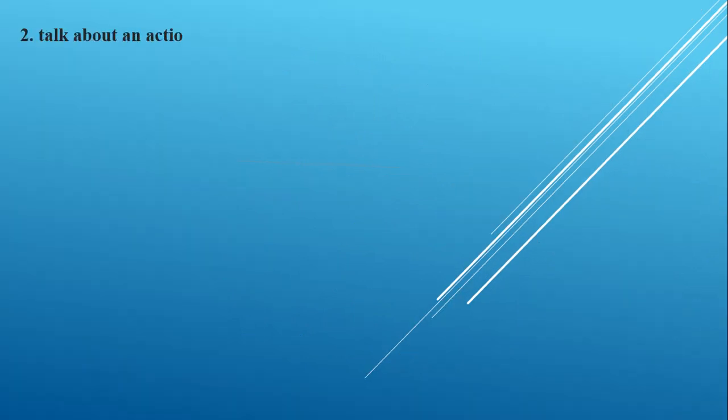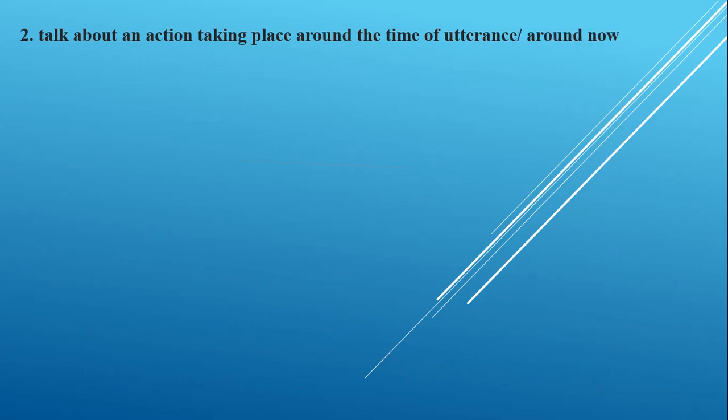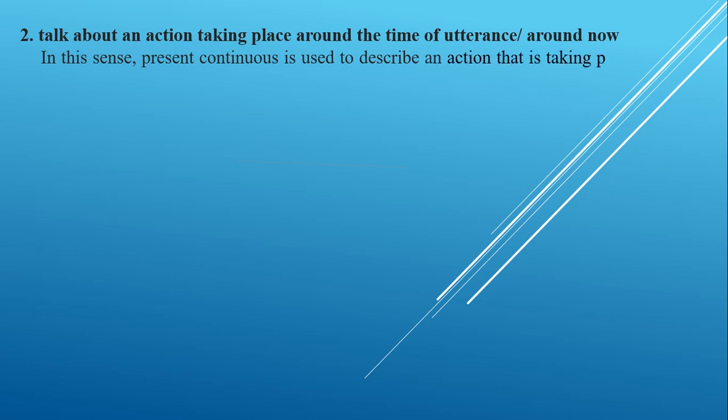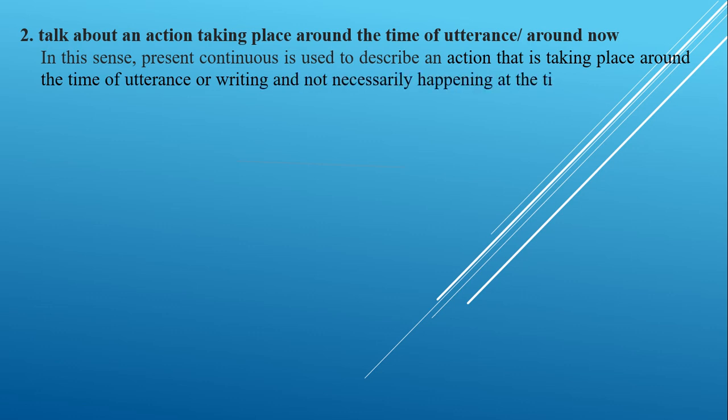The second usage of the present continuous tense is to talk about an action taking place around the time of utterance. In this sense, present continuous is used to describe an action that is taking place around the time of utterance or writing, and not necessarily happening at the time of utterance.